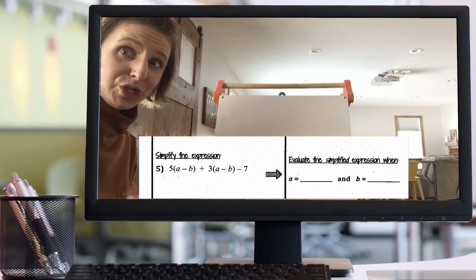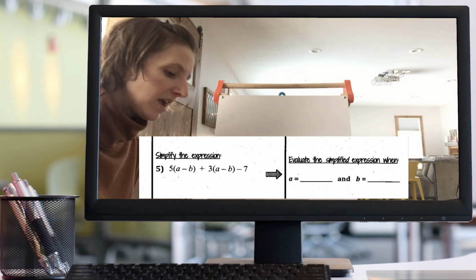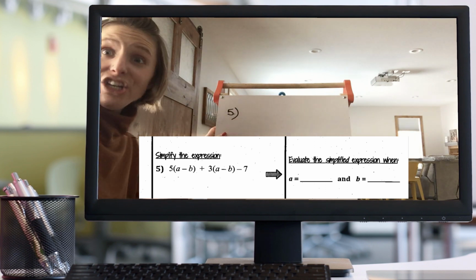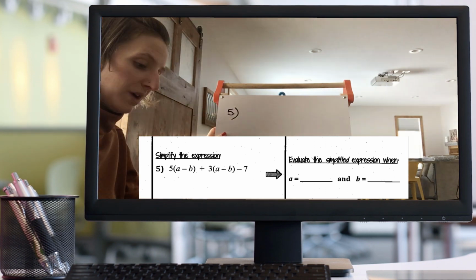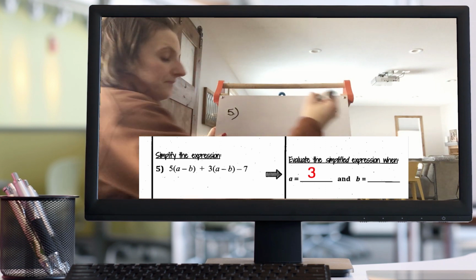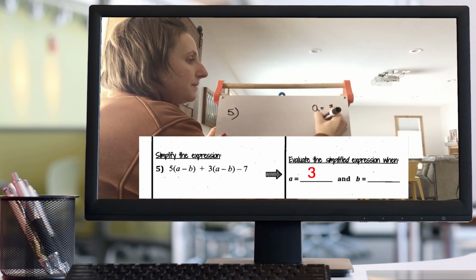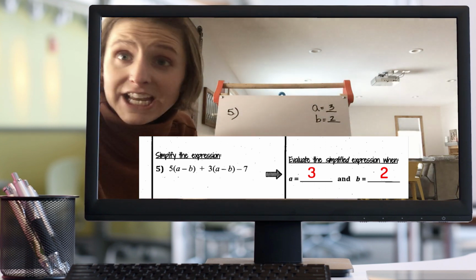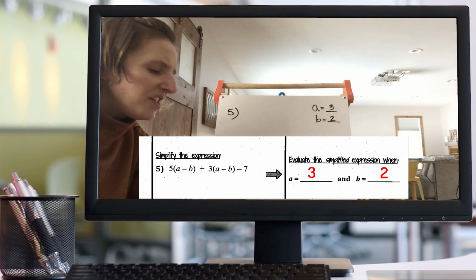Let's see how you can do on your own this time. You're going to simplify that expression in number 5. And then you're going to evaluate that expression when, write this in on the left-hand side with me, a equals 3 and b equals 2.